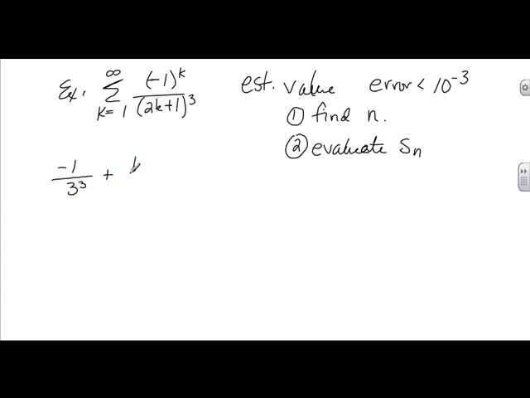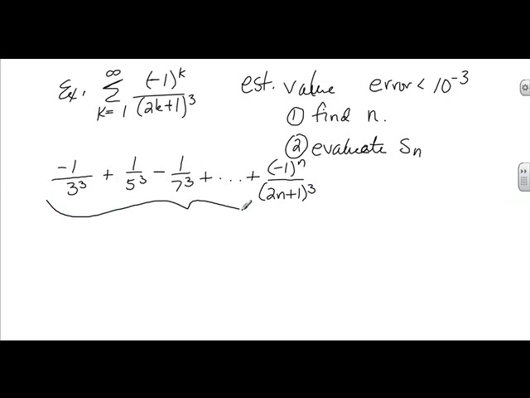The nth term is going to be negative 1 to the n power over 2n plus 1 cubed. So that's our sum, S sub n. So the next term, which would be negative 1 to the n plus 1 power over, now be careful here, 2 times the quantity n plus 1 cubed. That's a sub n plus 1.